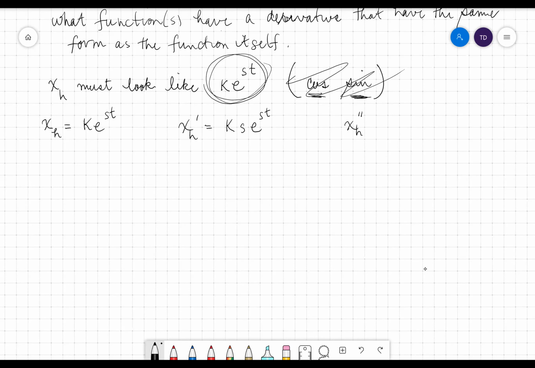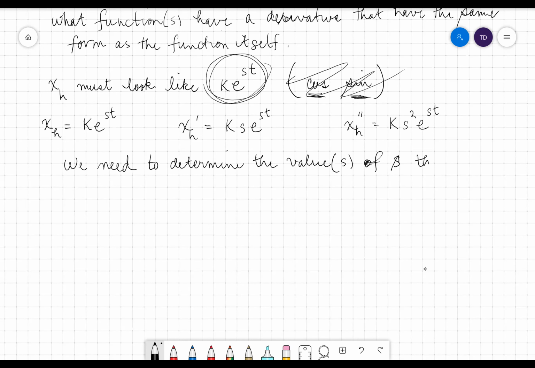So x_h double prime is k s squared e to the st. And what we don't know is we need to figure out what value of s is going to make this work. Need to determine the value or the values of s that will satisfy the differential equation.